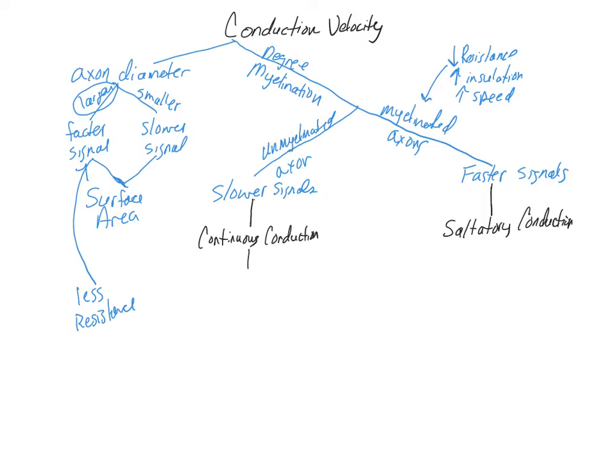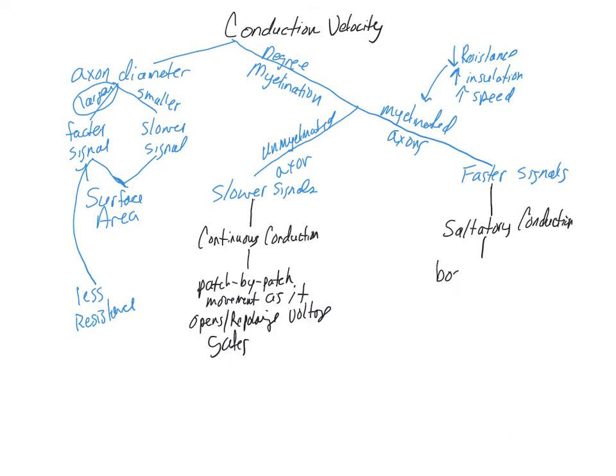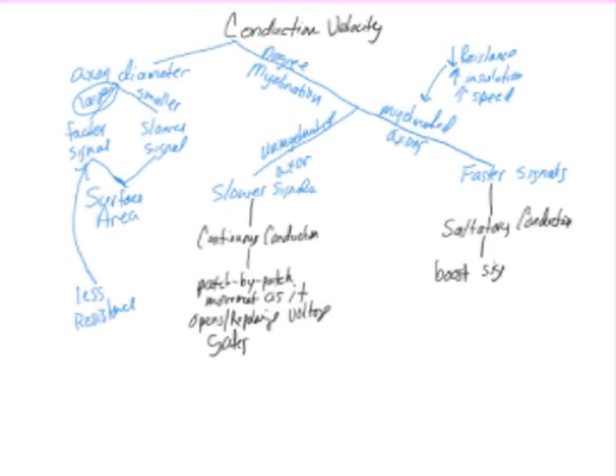With continuous conduction, the idea is that you basically have a patch by patch movement as it opens and repolarizes voltage gates. In contrast, the key concept with saltatory conduction is that you are going to boost signals at nodes of Ranvier.